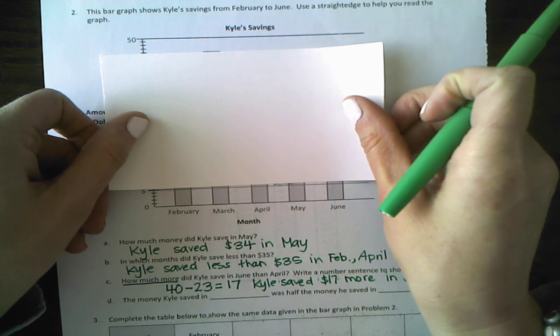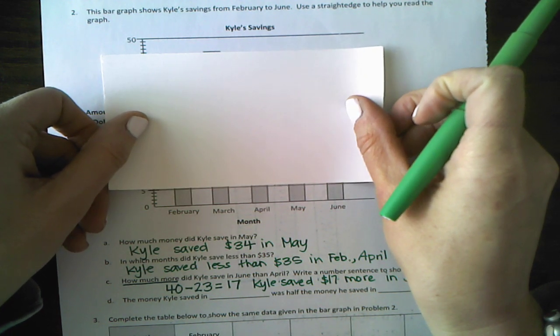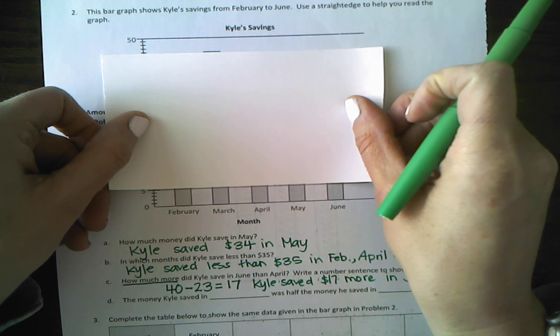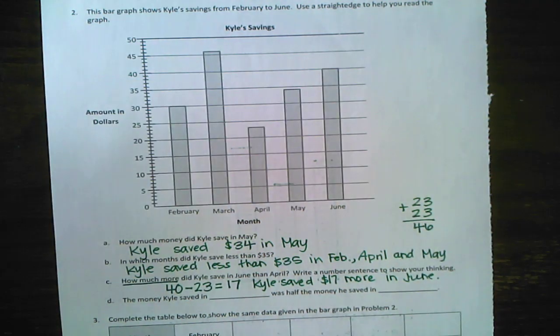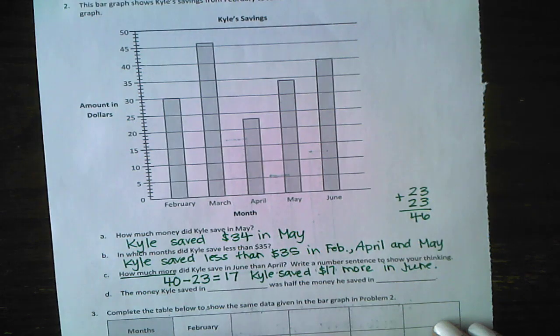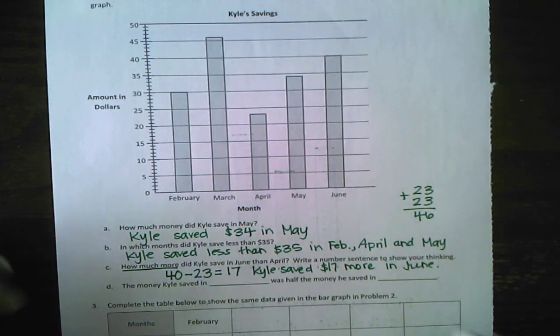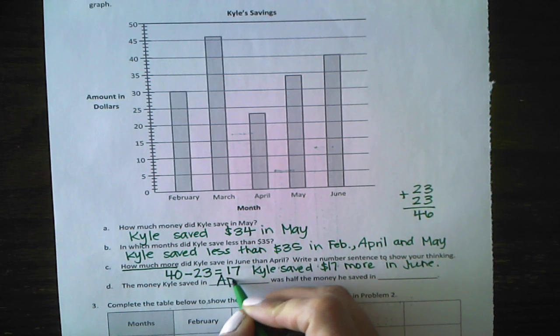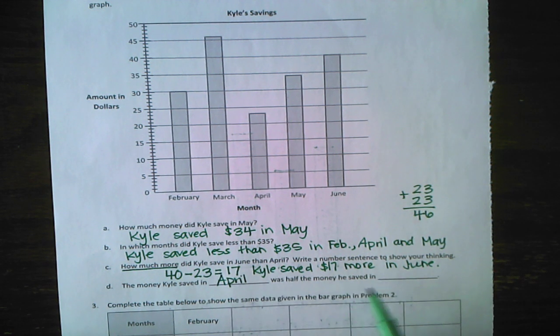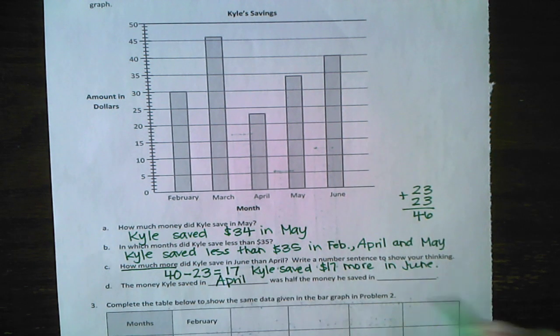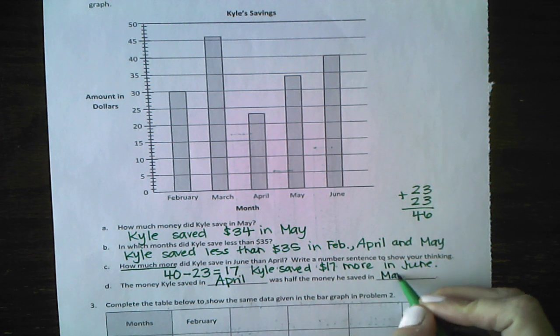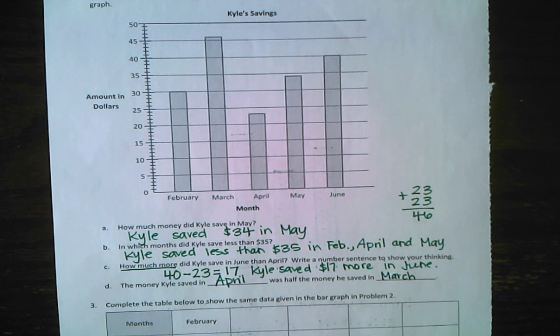And we're going to use our straight edge. And wouldn't you know it, he saved $46 in March. So the money Kyle saved in April was half the money he saved in March. Yes, yes, yes. Look at that. Okay.